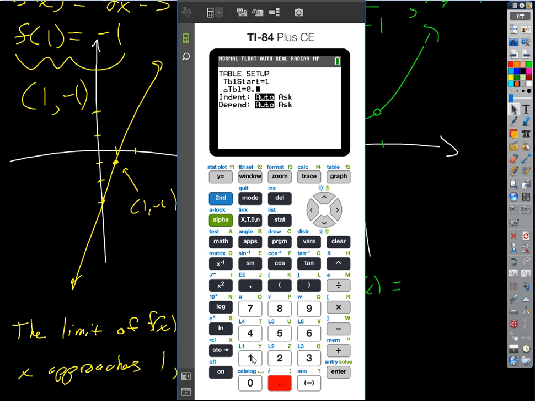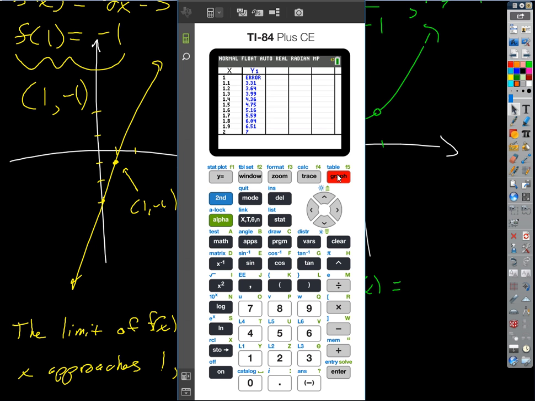So something like that. And now I'm just going to go table. Okay, and I'll back up a little bit. So what's that doing? Can everybody see that okay? I'm taking symmetrical values around 1, and I'm finding the y values.